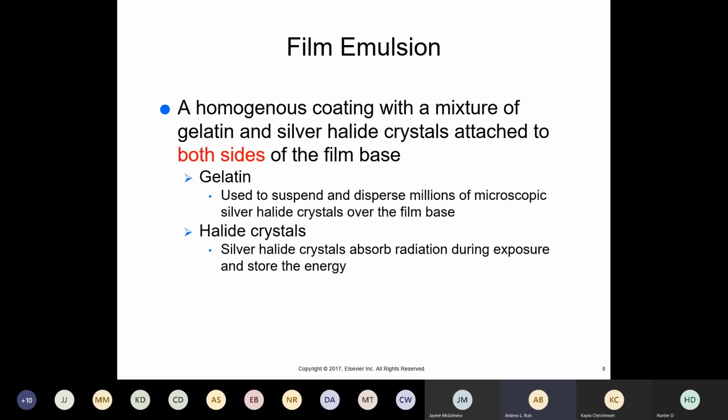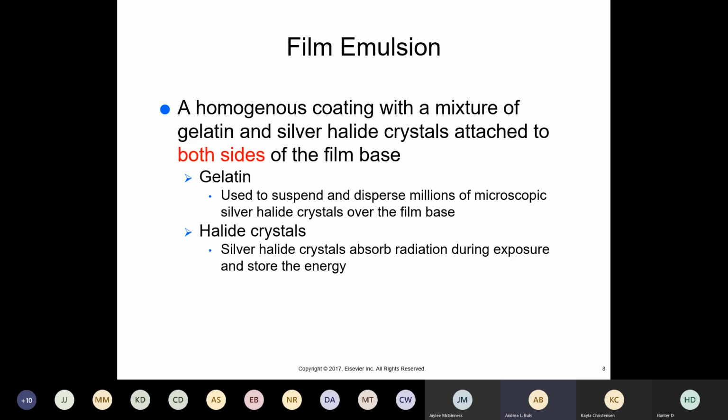Maybe they've cut up bananas and strawberries, and then that Jell-O solidifies, and all of that fruit is suspended in the Jell-O. So with film emulsion, we've got that gelatin suspension, and then there's a bunch of silver halide crystals placed in that emulsion.